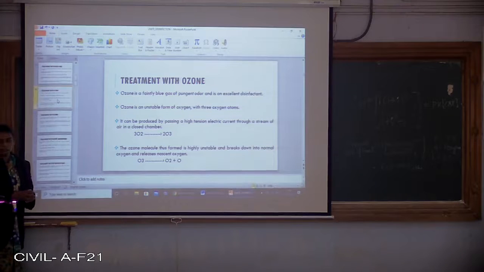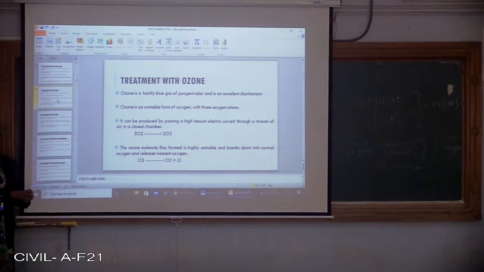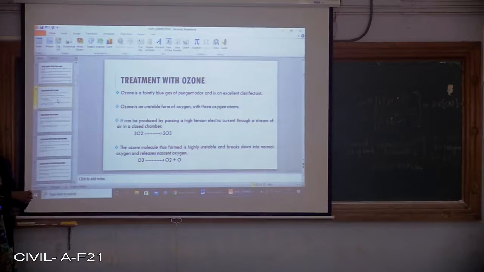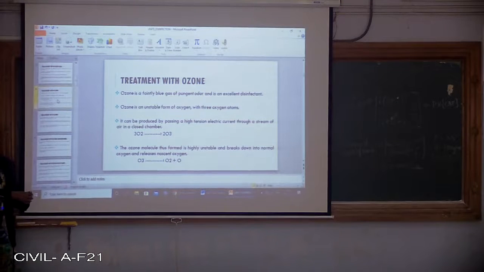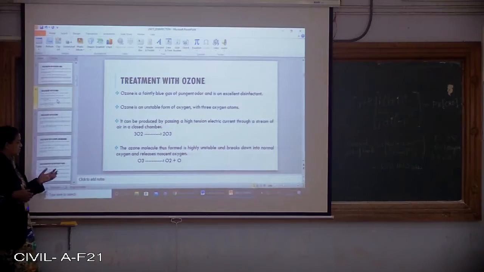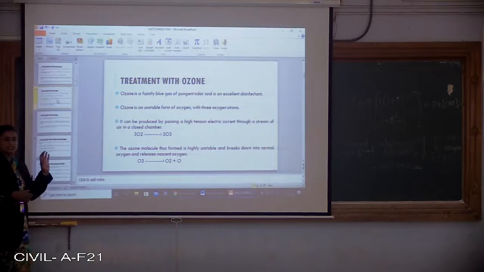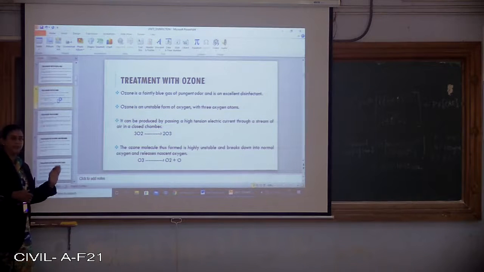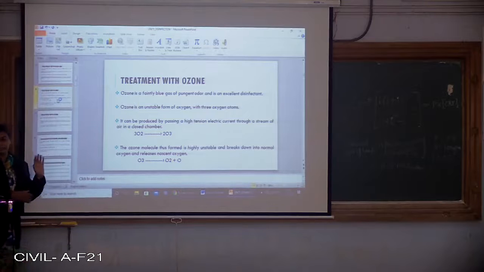When we do this process, we get 2 molecules of ozone. The ozone molecule thus formed is highly unstable and breaks down into normal oxygen and releases oxygen, that is nascent oxygen. So whenever the reaction takes place, the ozone, in the presence of an electric current through a stream of air, breaks down. Since it is very unstable, it breaks down into oxygen and nascent oxygen.